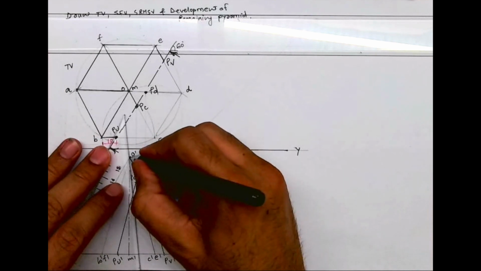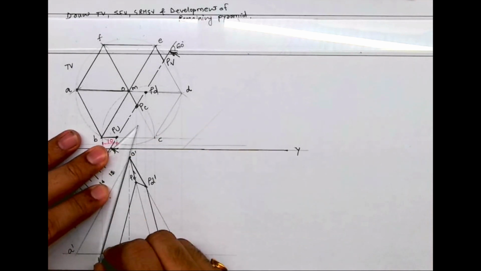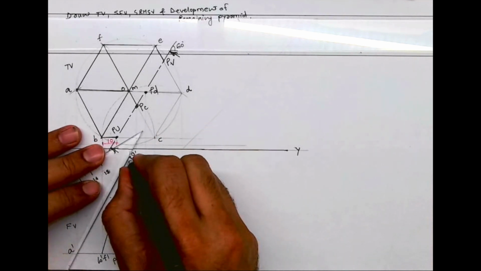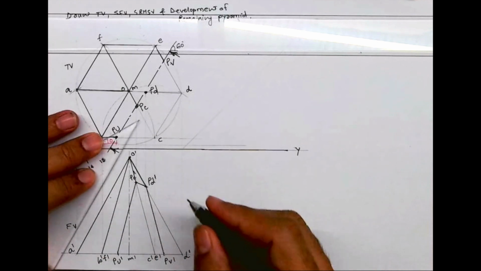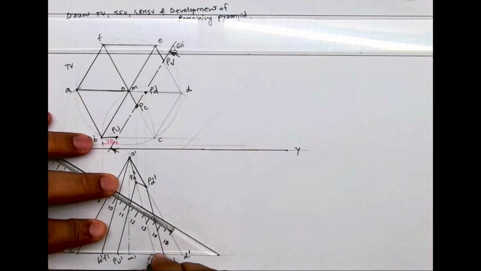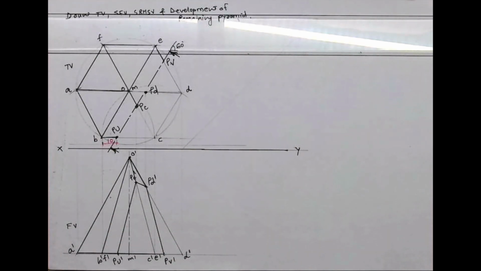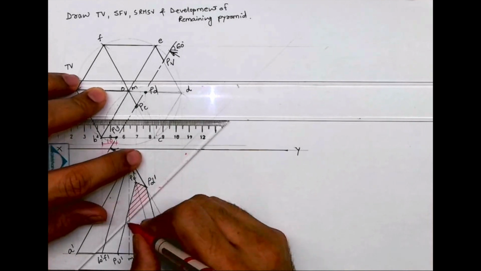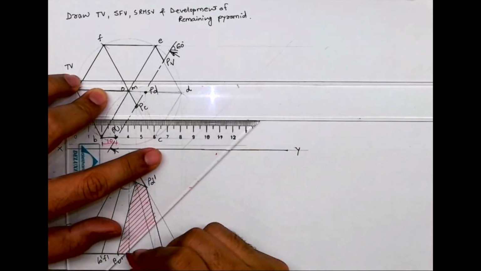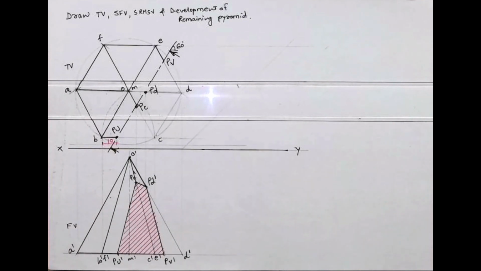This much portion will be dark, and this cut portion will be hatched. So this is the sectional front view.